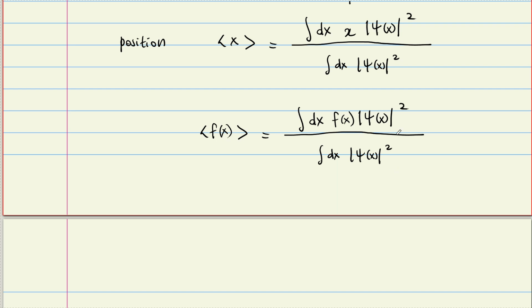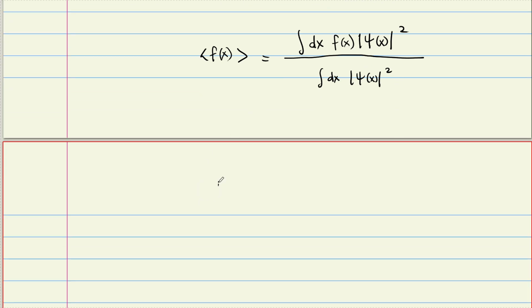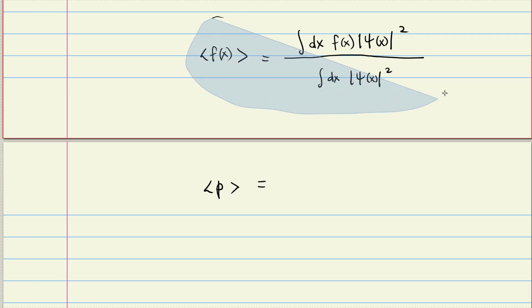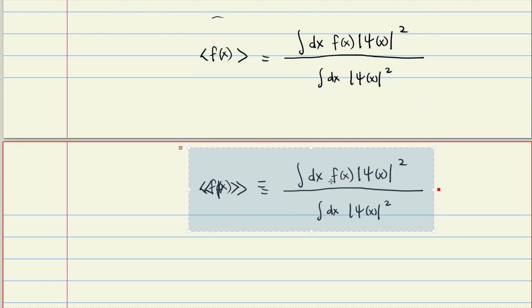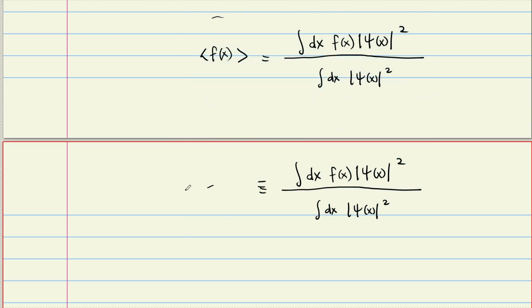But if you want to get, for example, momentum p, you cannot do that, right? Let's try to write it and see the problem. So this is p, and this is a derivative.